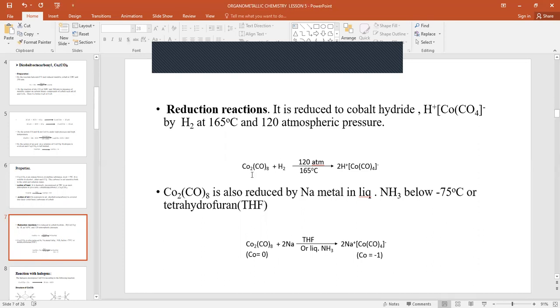So dicobalt octacarbonyl plus hydrogen at 120 atmospheric pressure and 165 degrees Celsius, we get the cobalt hydride. It is also reduced by sodium metal in liquid ammonia below negative 75 degrees Celsius or in tetrahydrofuran.